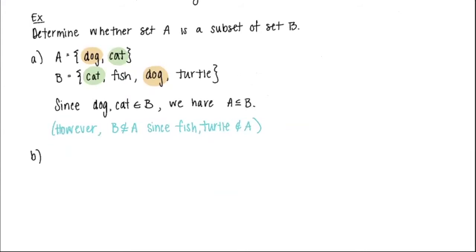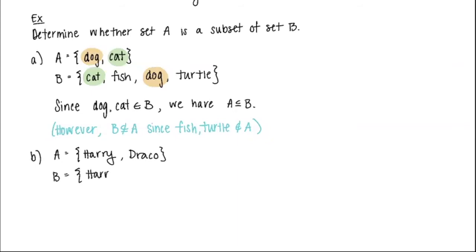Let's try a few more. We've got set A, which contains the elements Harry and Draco. And we've got set B, which contains the elements Harry, Ron, and Hermione. Okay. So we're okay with this first element.